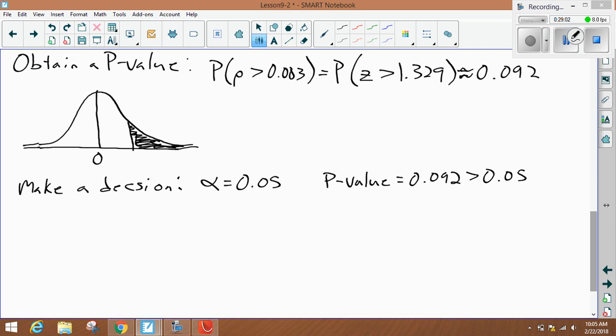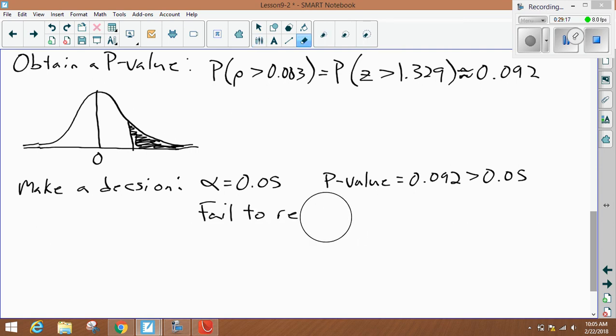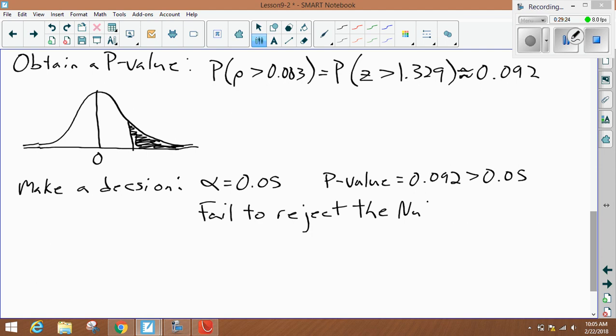And when that happens, we fail to reject the null hypothesis. Okay? I'll usually write H naught, but I'll write null hypothesis this time. So now it's time for S. State your answer in context.